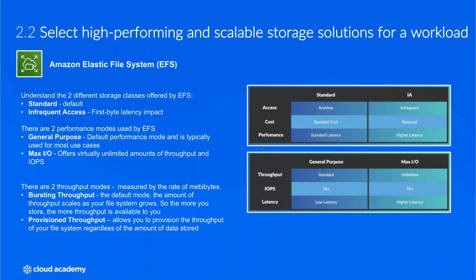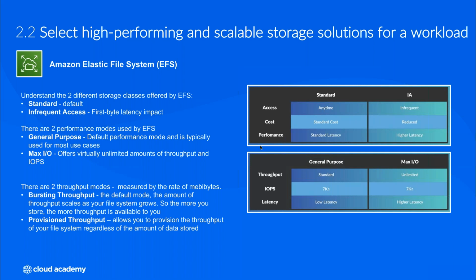But infrequent access offers a cost reduction on your storage. As a byproduct of the cheaper storage, there is an increased first byte latency impact when both reading and writing data using the infrequent access class when compared to standard. So just bear that in mind if anything comes up regarding that.